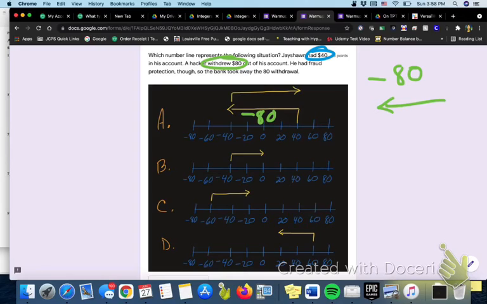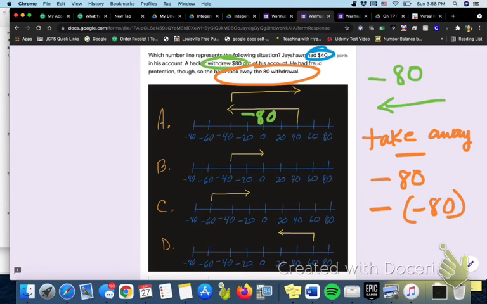Then it says he had fraud protection, so the bank took away the $80 withdrawal. They take away, which is a minus, that negative 80. So what they really did was minus a negative 80. They took away a negative.